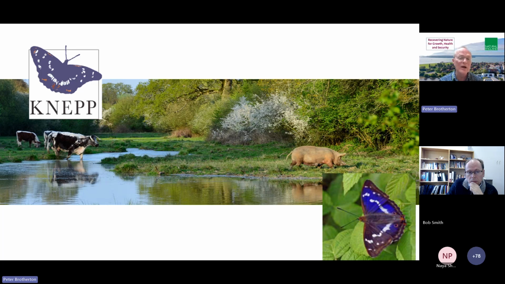So these two really important populations of purple emperor are there in West Sussex. If you look at the recent distribution of purple emperor butterflies, they're cropping up all over the place around West Sussex. That has very little to do, I believe, to what's happening in between those sites.